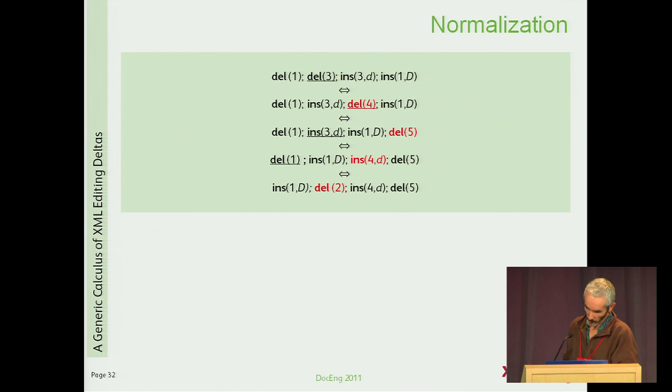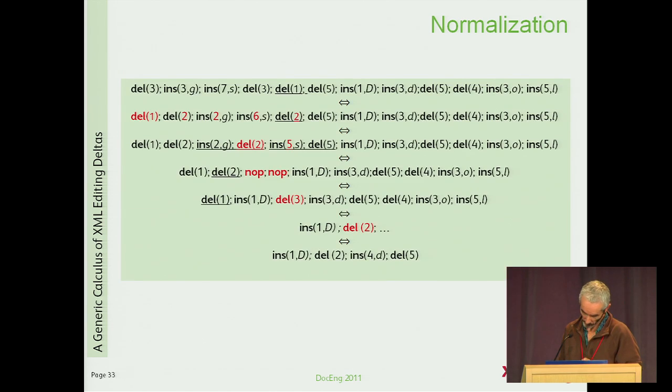And when you have insertion and deletion operations on the same path, you try to swap them. So we start from this end, and when it's underlined, it is an operand we try to swap. The first line you see is del 3, and we swap, and this becomes by relocation del 4, and so on, and we converge to a normal form here at the bottom.